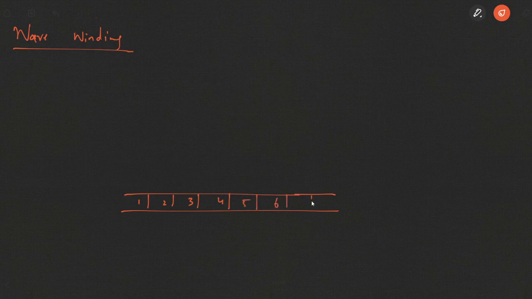In the case of a wave winding, if this represents your coil sides, sorry, if this represents your commutator segments, then if one side of a coil is connected to commutator segment 1, the other side of this coil will be connected to some other commutator segment, say for example 5.